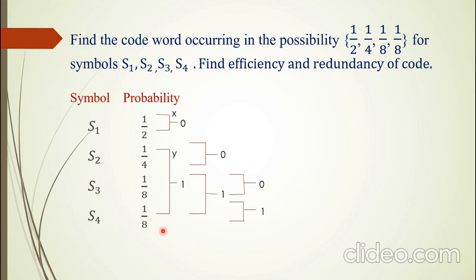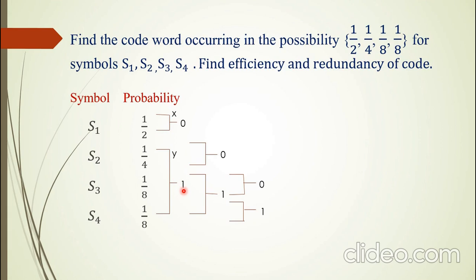So we can divide these into 2 subsets. Let this be X and this be Y, and assign bit 0 and bit 1.